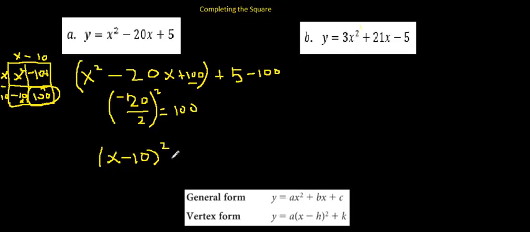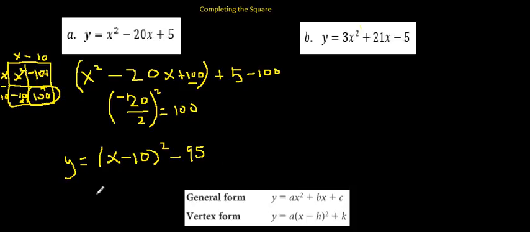And then 5 minus 100 is minus 95. y equals. So that is completing the square, going from general form to vertex form.